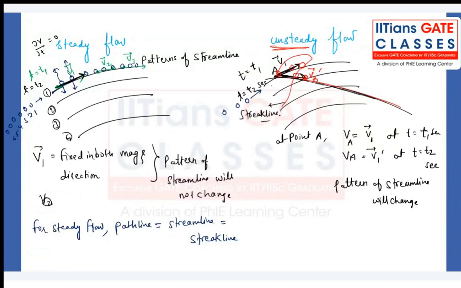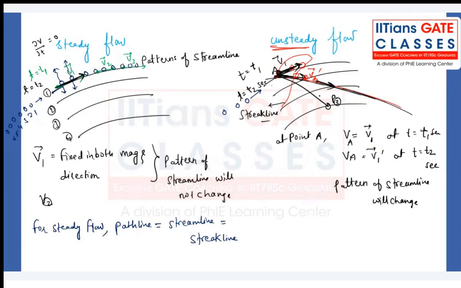Just like what we have discussed earlier, an individual particle may travel on an individual path line. Suppose particle 1 is there, he is traveling like this. Particle 2 will travel like this. Particle 3 will travel like this. So they will not have a fixed pattern of a streamline. Getting my point?